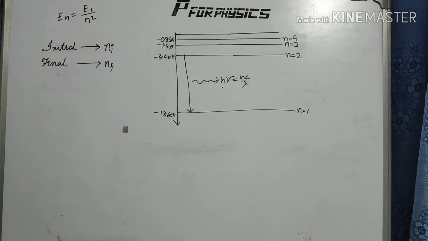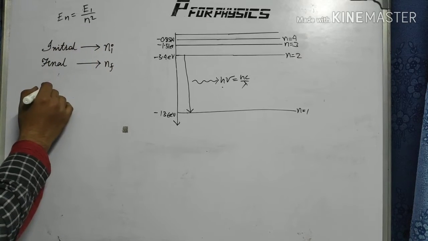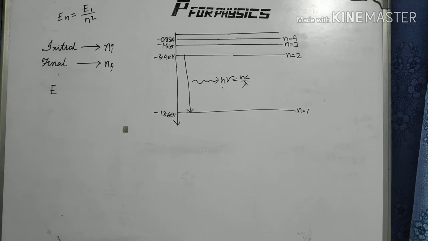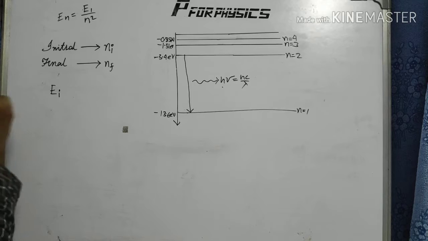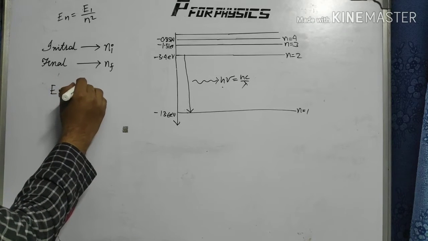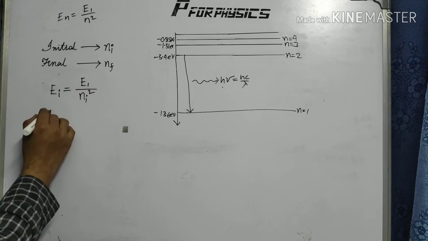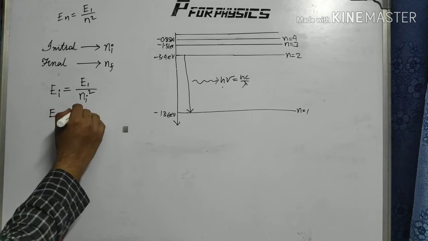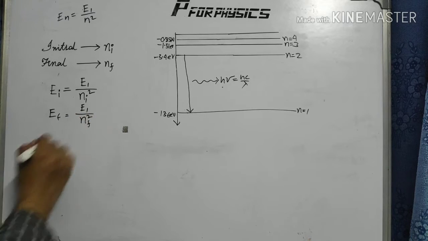We saw it in the last video. So the initial energy level, EI, equals E1 by ni square, and the final would be EF equals E1 by nf square.